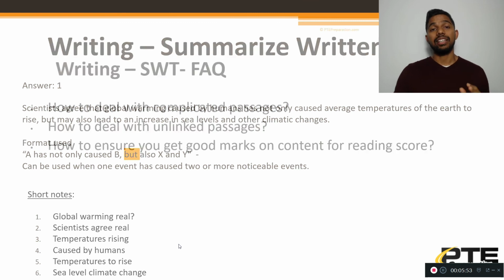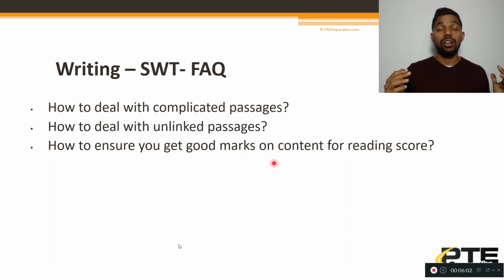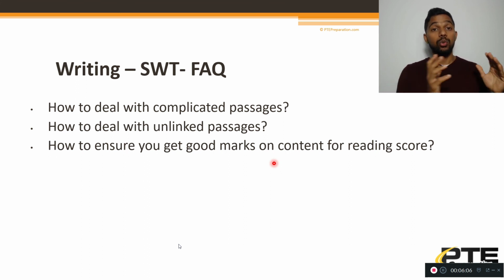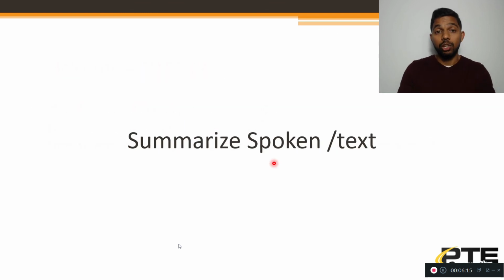As long as you're covering the main point and maybe one or two supporting points, you're fine. You're not expected to cover everything, and you can't cover everything in your answer. So as long as you stick to the main point and a few supporting points, and use the method that I showed you, you should be fine. And if you have problems with your grammar and sentence structure, then you can use the template, and that will work well as well.